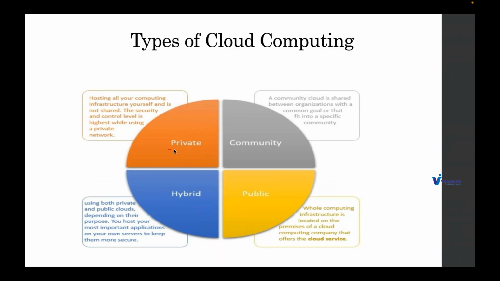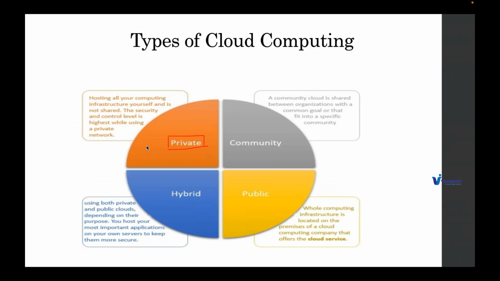The first one is the private cloud. The name itself says it's private, meaning the infrastructure belongs to you. You build the infrastructure, host your services over there, and manage it, and it is not shared with anyone.